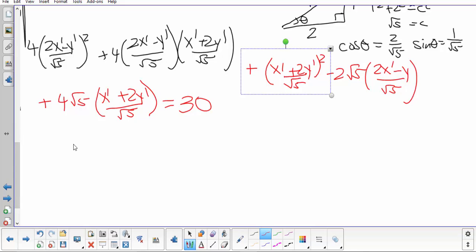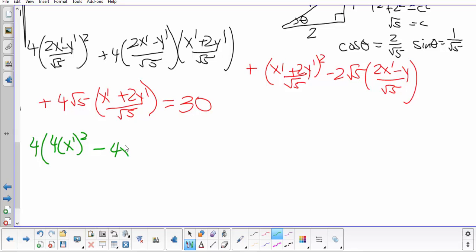So now when we distribute, we get 4 times 4x prime squared minus 4x prime y prime plus y prime squared.